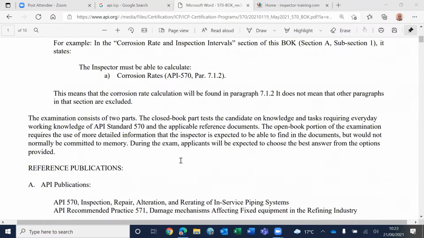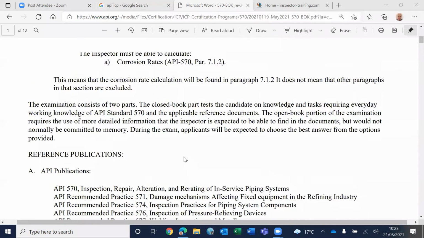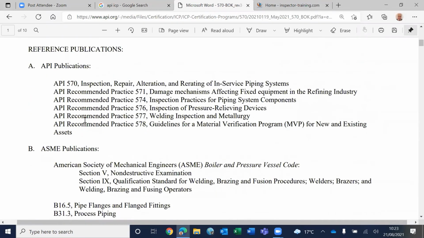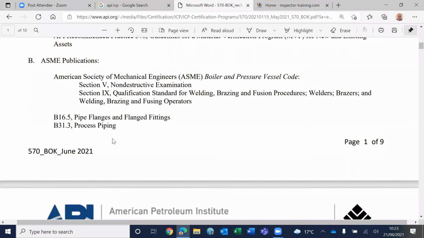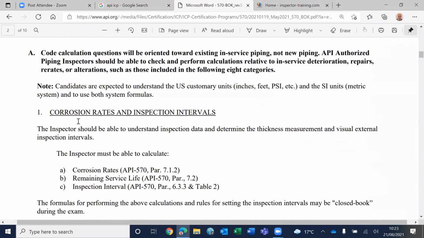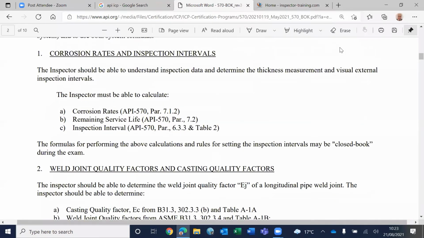For example, it also tells you that if you have mentioned something here, it does not mean that other paragraph is excluded, as you can see here. Okay. So this is just a case example, and it tells you the list of all the publications you need to know without revision number, ASME and API publication. And it tells you about corrosion rate and inspection interval you should know.